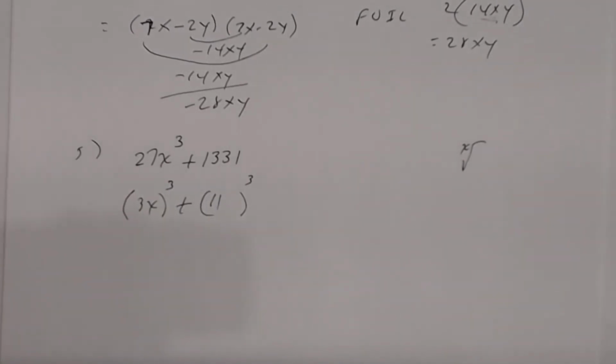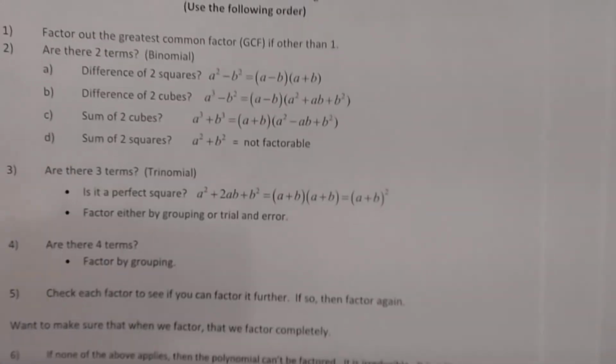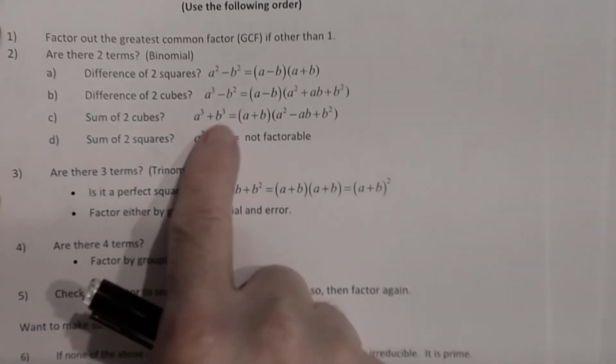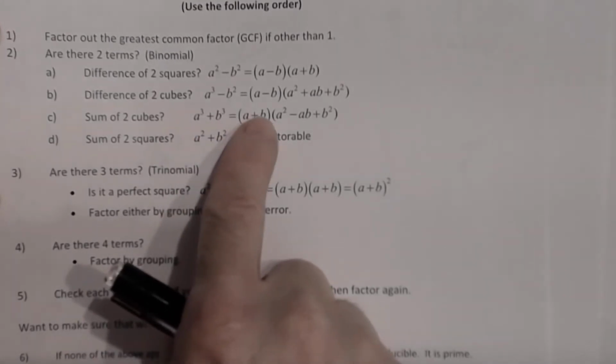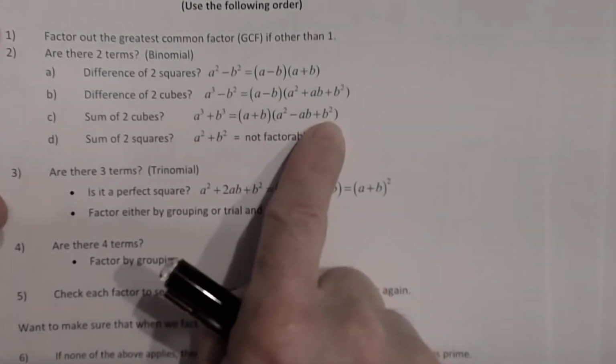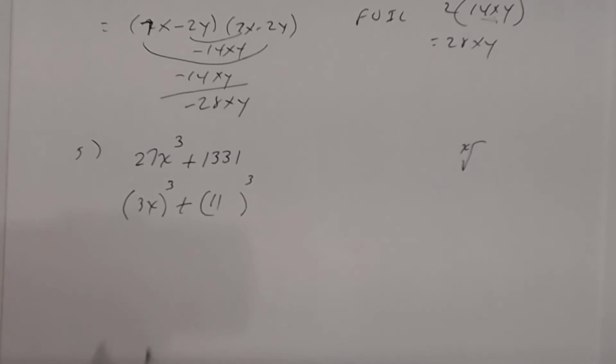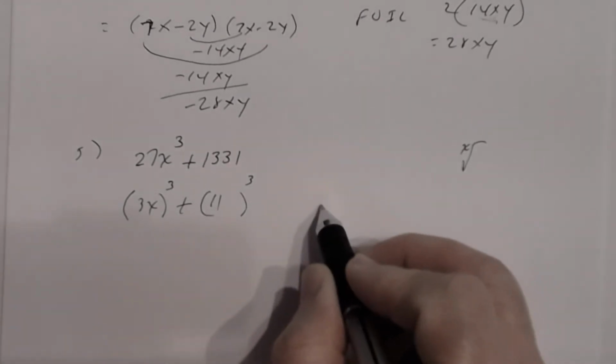So then you got to remember, what is the formula for the sum of 2 cubes? Well, here's the formula right here. It's a binomial times a trinomial, okay? And the way we learned it was this way. So let me just go ahead and write it like this.